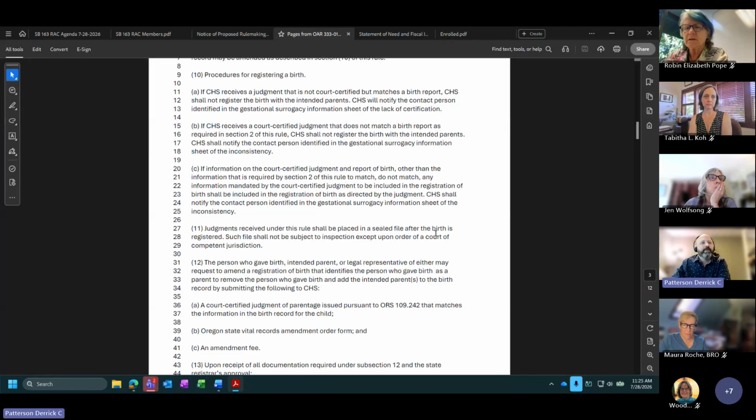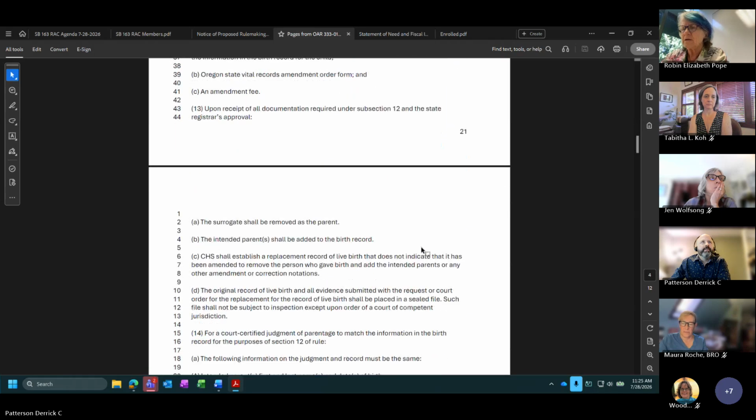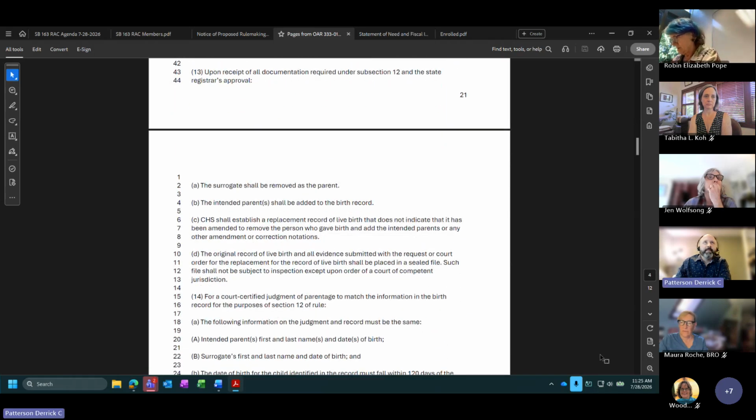Okay. Section 13. Upon receipt of all documentation required under subsection 12 and the state registrar's approval, A, the surrogate shall be removed as the parent. B, the intended parents shall be added to the birth record.